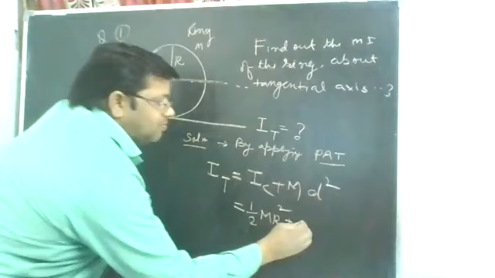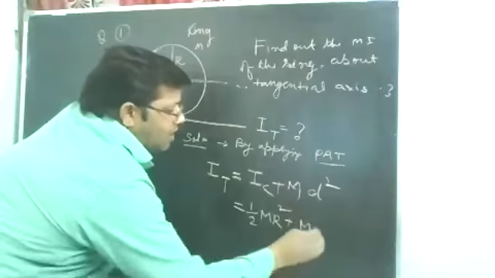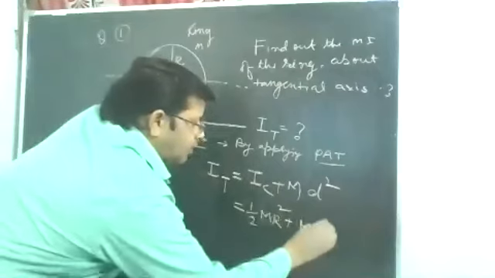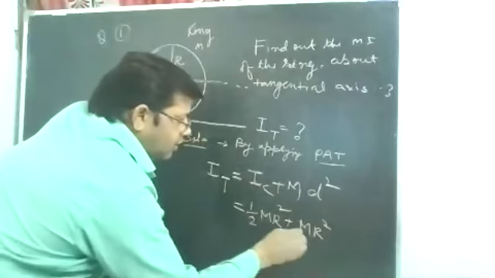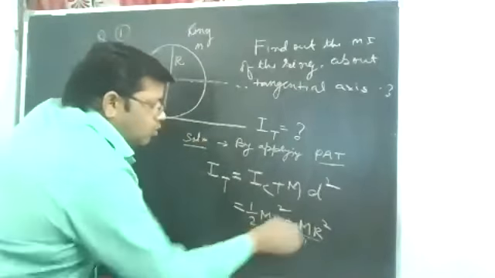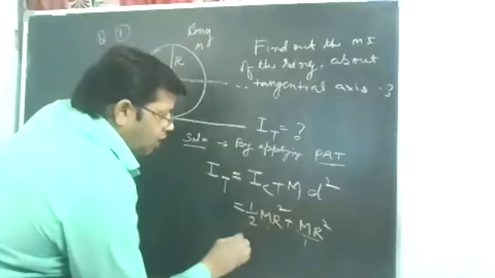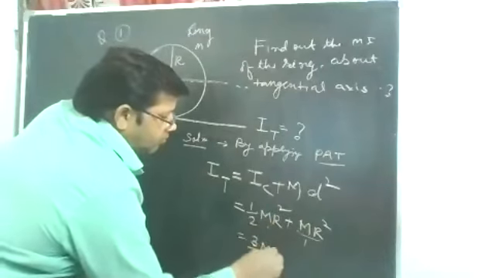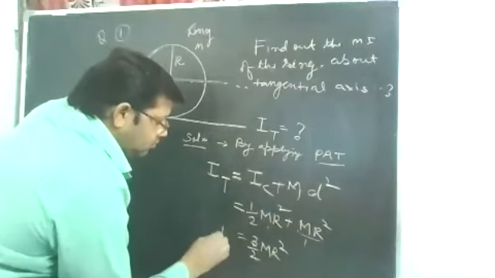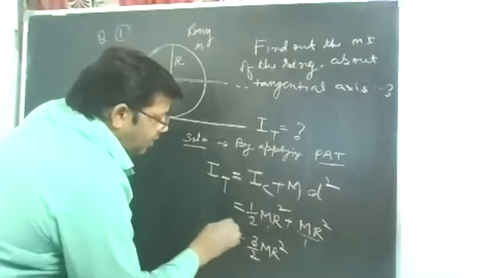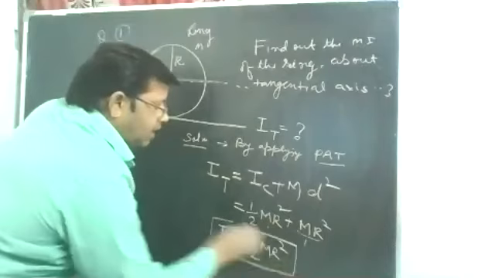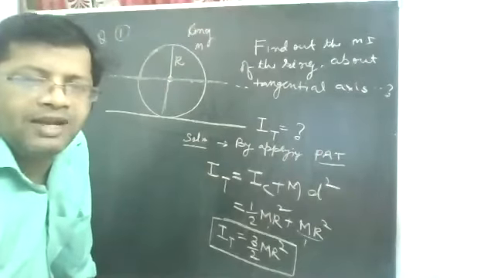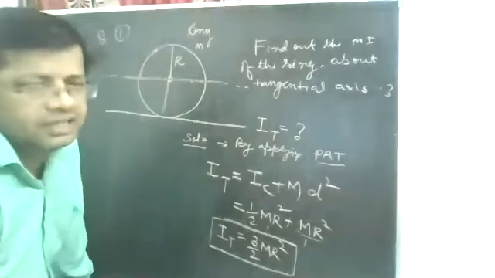So IC plus the mass of the body, and the perpendicular distance is equal to the radius. So half plus 1 gives 3 by 2 mr square. The moment of inertia of the ring about the tangential axis will be 3 by 2 mr square.